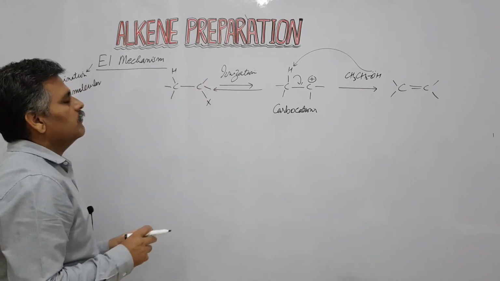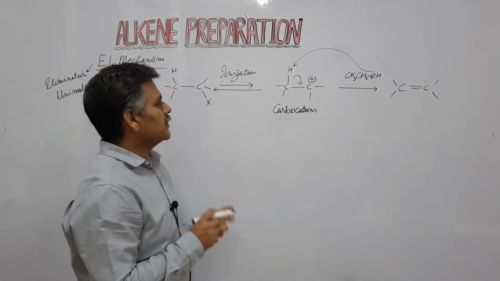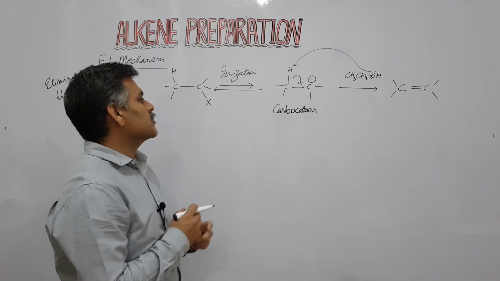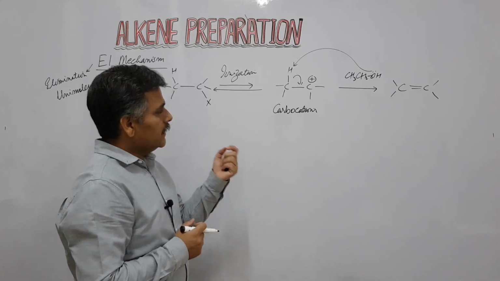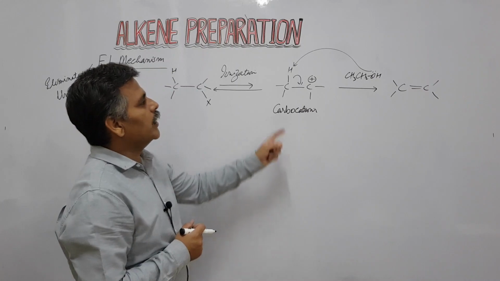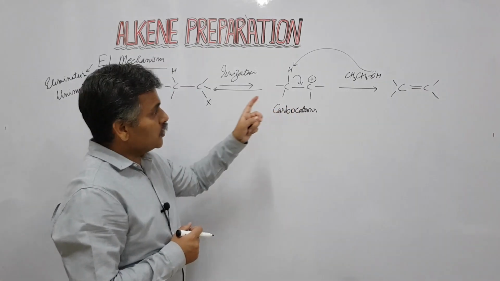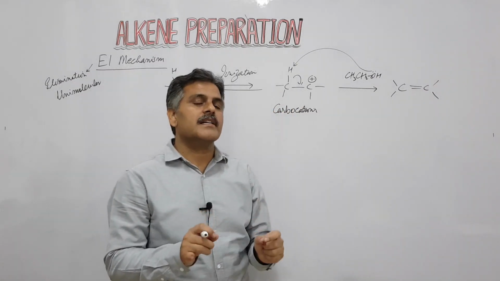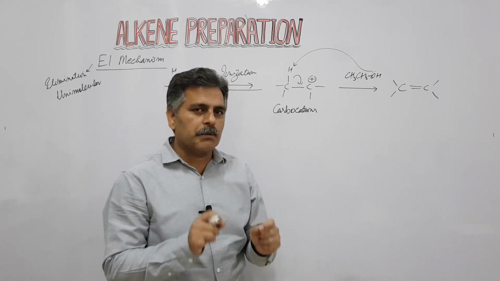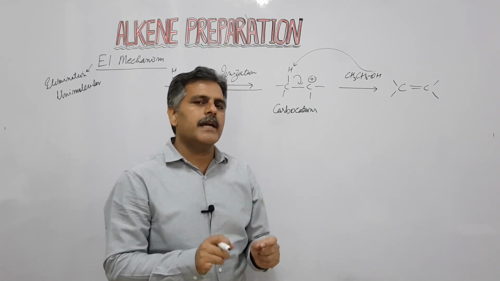Another important thing when we discuss the E1 reaction is the substitution reaction. When you explain the E1 reaction, your intermediates are carbocations, so it is necessary to discuss the substitution reaction, because there is a competition between elimination and substitution.